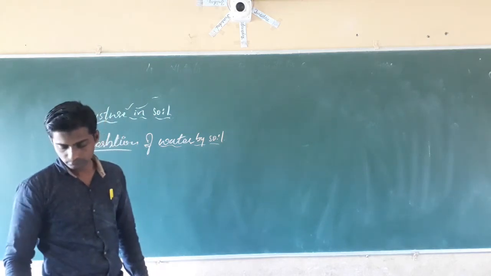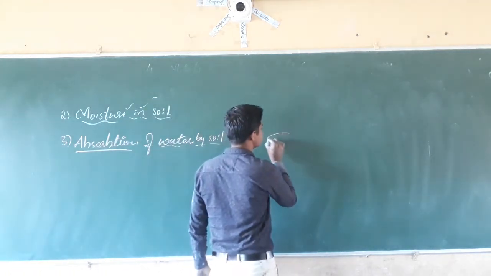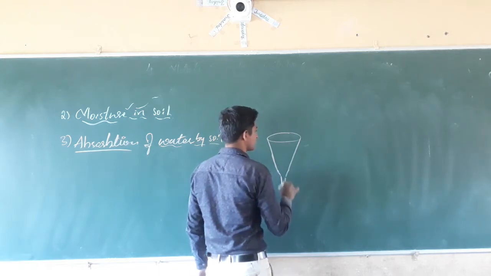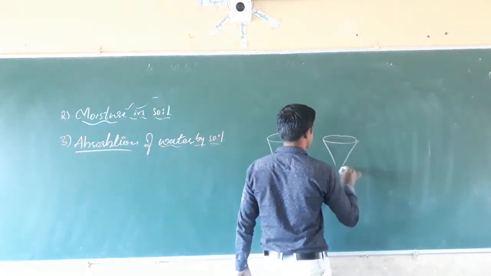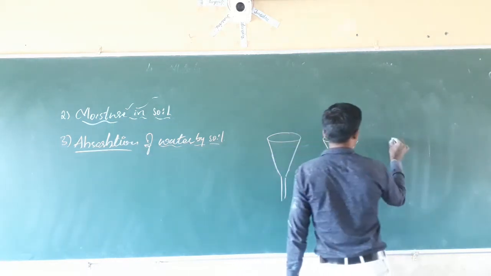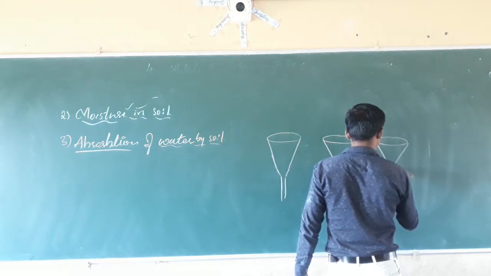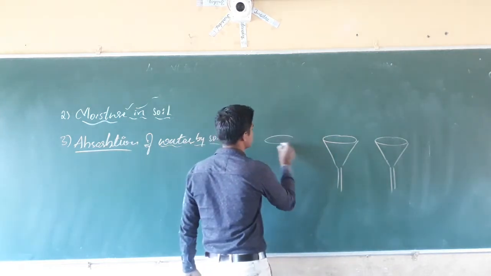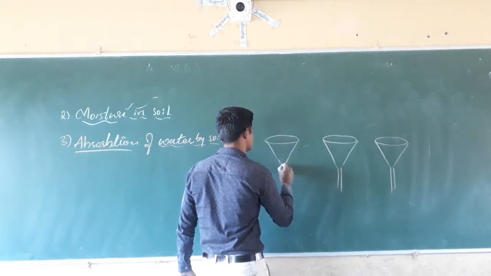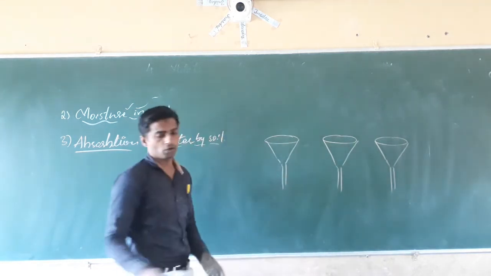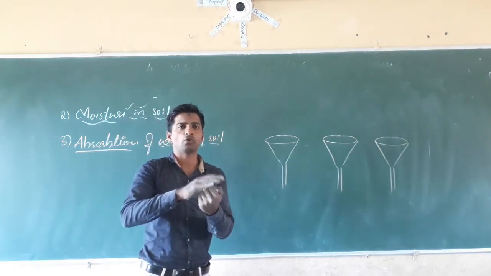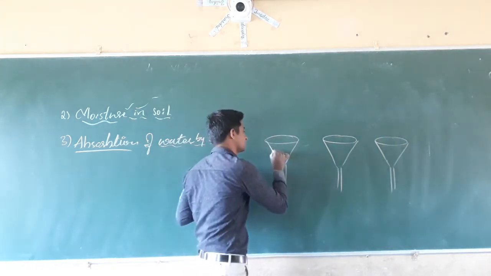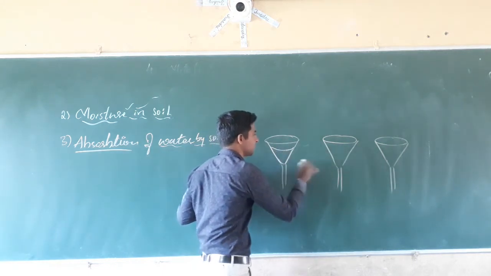We have to take three separating funnels, better to take three of the same size, and we have to take filter papers, fold them into quarters, that is, a four fold.